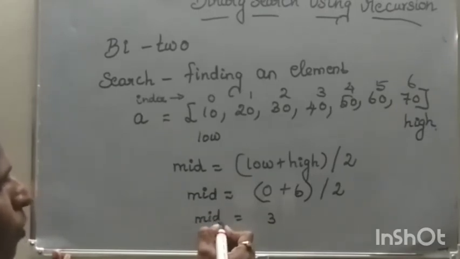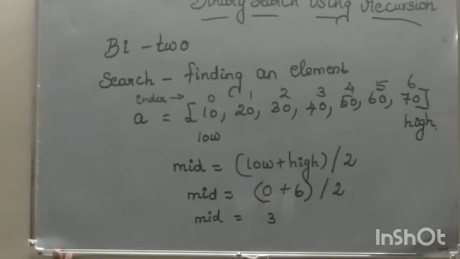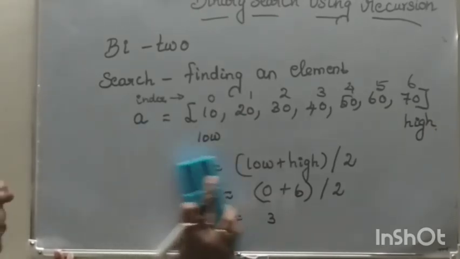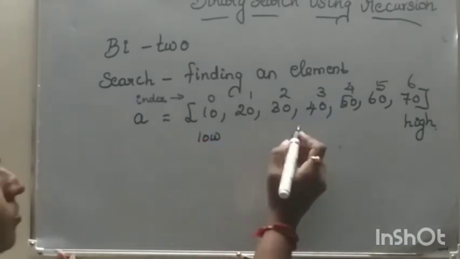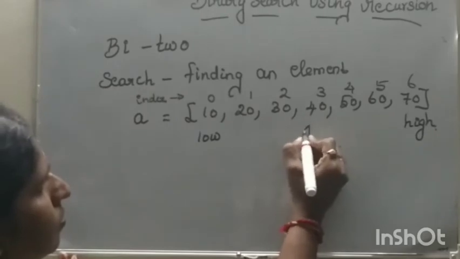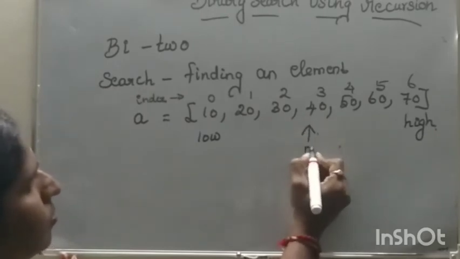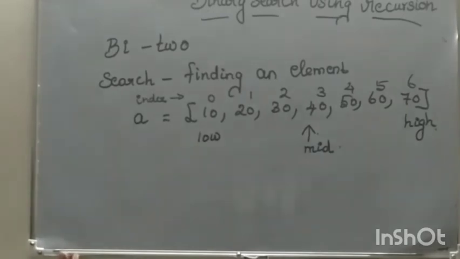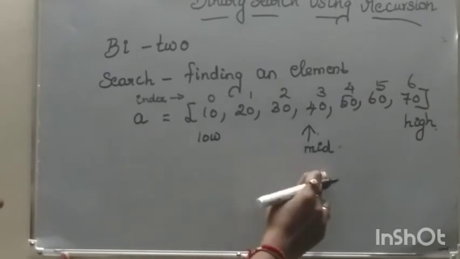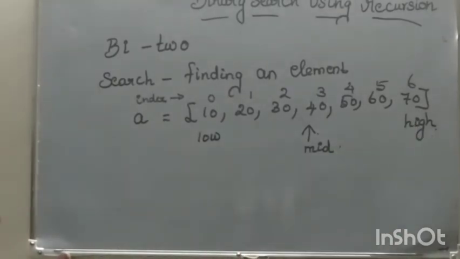Now you know the mid value is 3, that is pointing to the index 3. In this array, we assigned 3 labels: low, mid and high. Based on these labels, we are going to search the element.